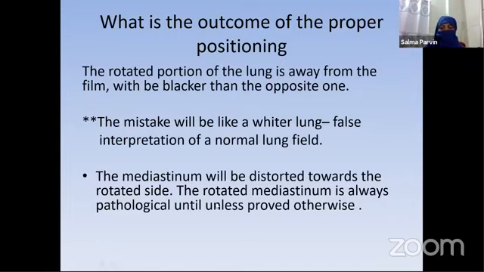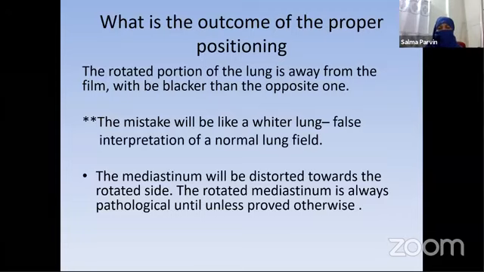And of course, the mediastinal distortion towards the rotated side is producing another problem for everybody, because we know that there will be no negotiation about the mediastinal placement. The mediastinum must be at its optimum location in a normal individual. If there is any sort of mediastinal displacement, you cannot negotiate it.